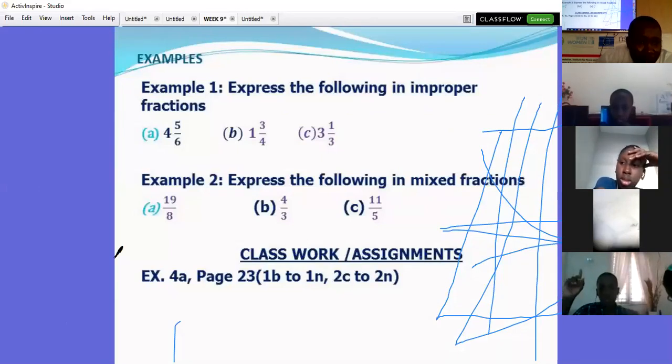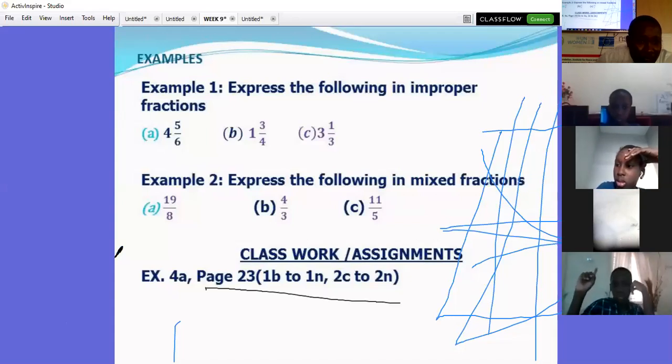Improper fraction? Who can remind us of an improper fraction? Can anybody give me an example of an improper fraction or define an improper fraction? Abdurrahman.